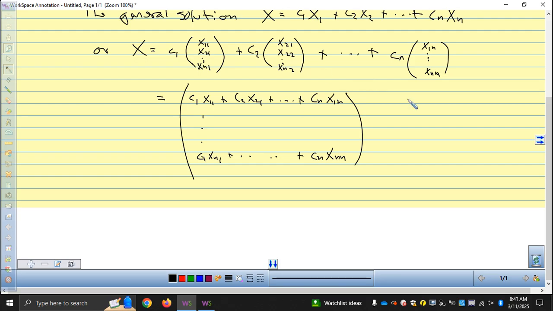Yes? Is the term in the upper right 1n or n1? This should be n1, you're right, in the big matrix.